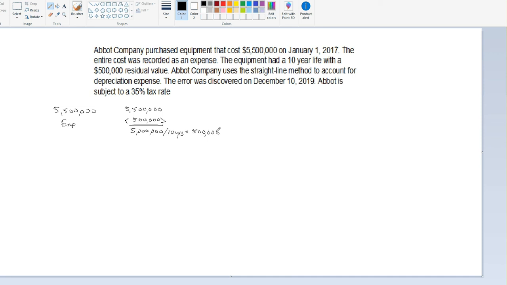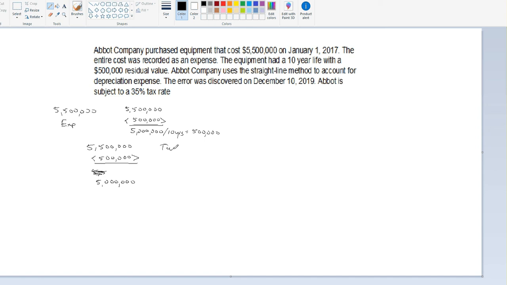So if the question is how much did they understate net income, we can answer that. Basically, they took $5.5 million, and what they should have done was only take $500,000. So that leaves me with $5 million of expenses that they shouldn't have recorded. So they understated net income by $5 million. Now, anytime there's an accounting error, we have to do net of tax.